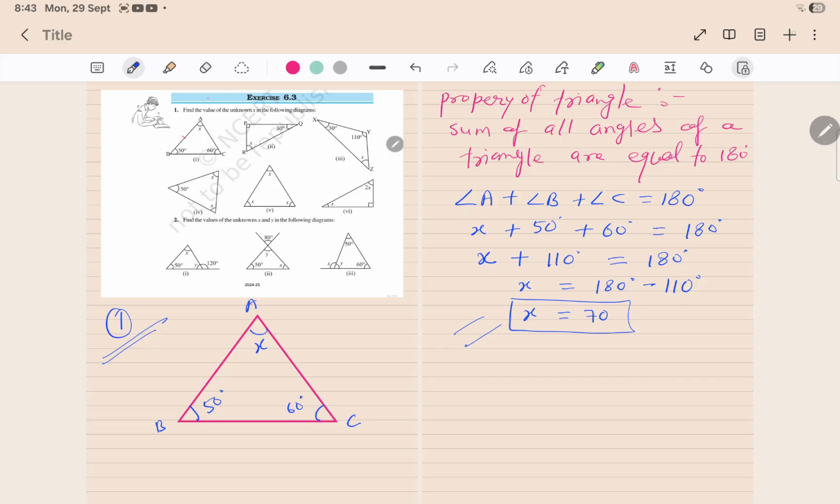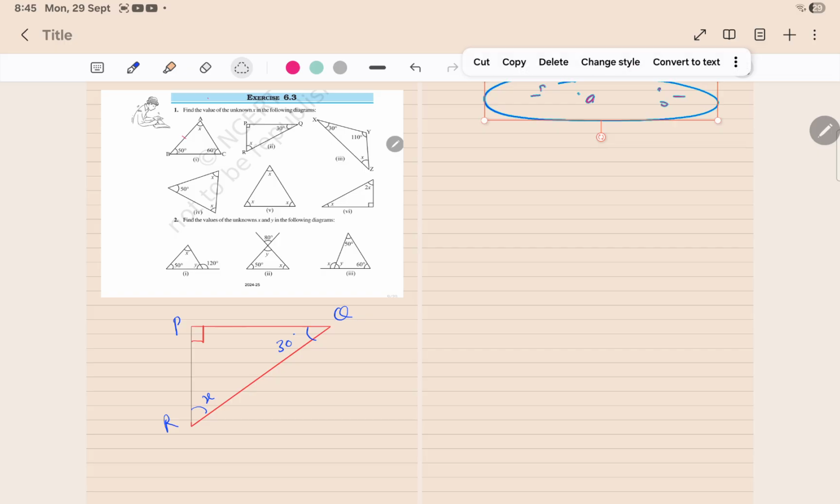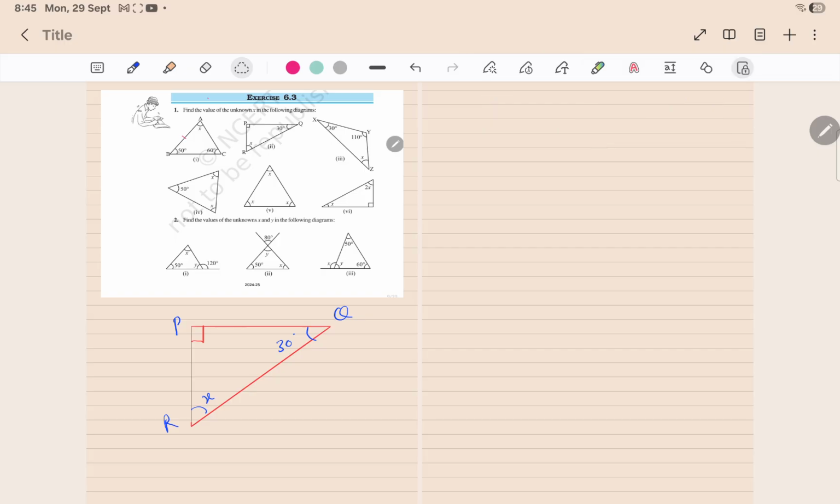Now let's go to the second question. In the second question, the triangle is named PQR. The sum of all the angles of a triangle is equal to 180 degrees.